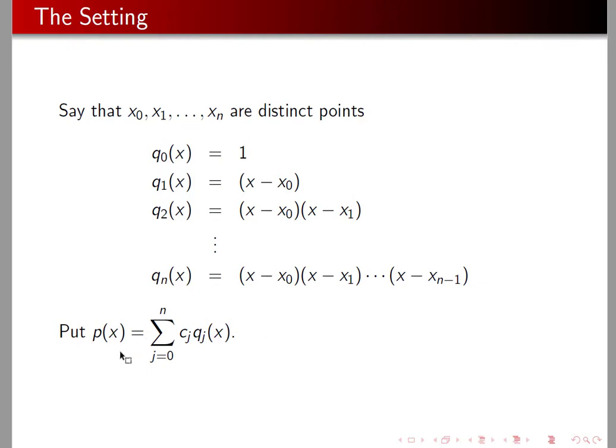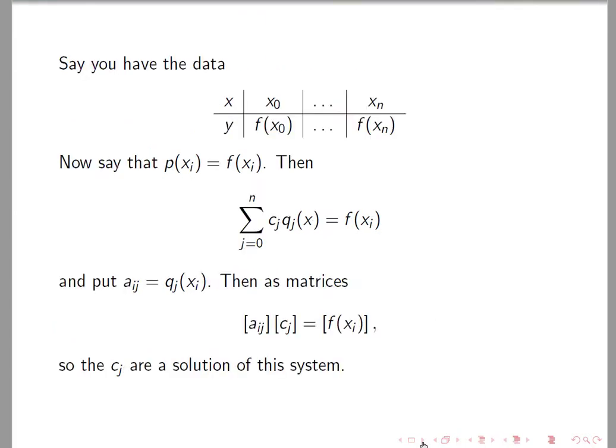And we'll say that our polynomial then, p(x), is the sum from j equals 0 to n of cj times qj of x. Okay, so again, this is the basic setup for the Newton polynomial. It's just dressed up a little differently.